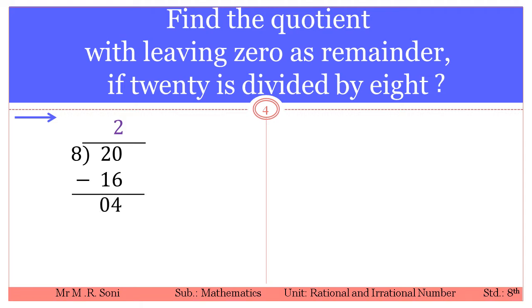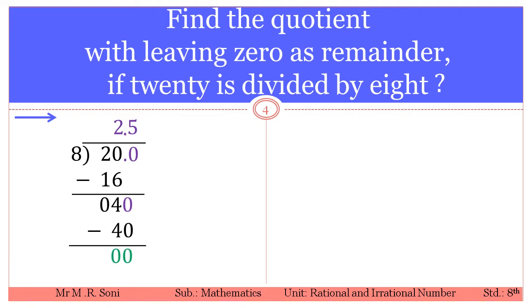Then, as the division is not completed, we must take a decimal point followed by 0. Then move the decimal point into the quotient and put 0 next to the 4. Then 8 5s are 40. Then 5 will be the quotient and 40 will be subtracted from 40 and the remainder will be 0.